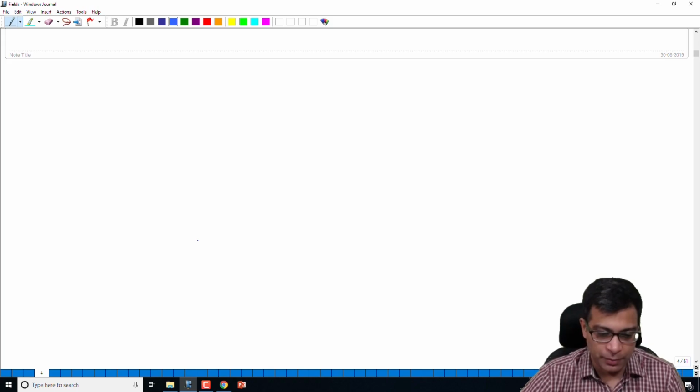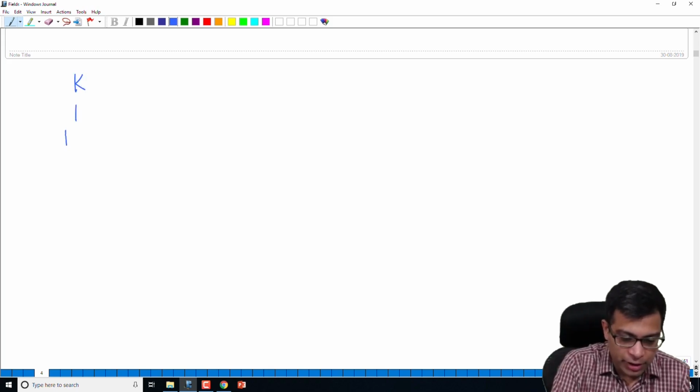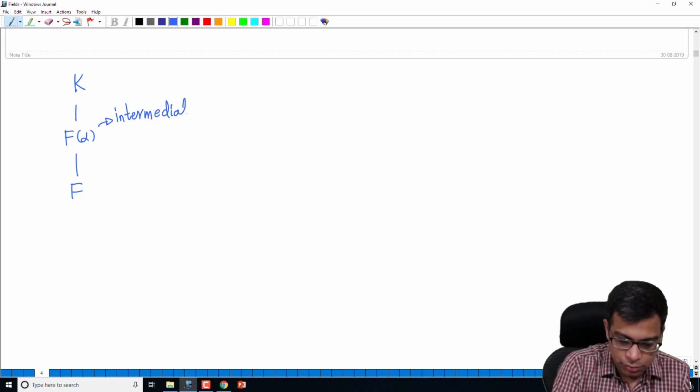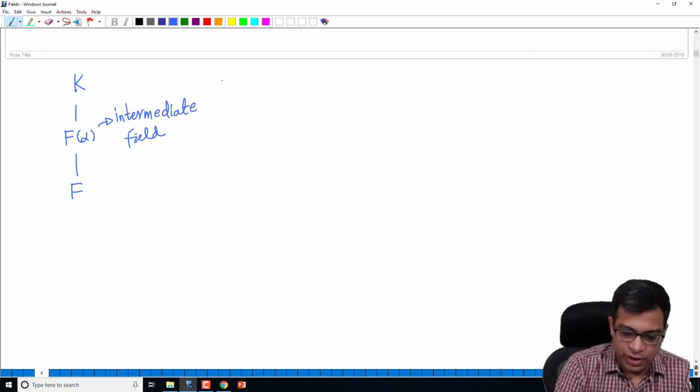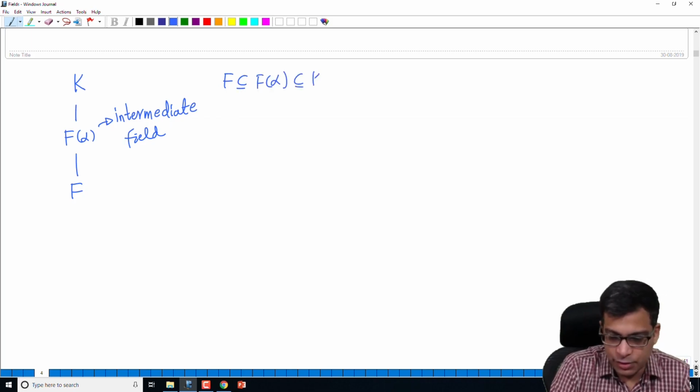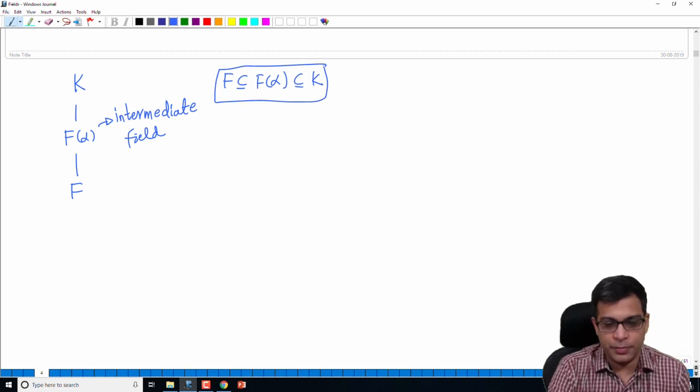So the picture will be K, F(alpha), F. So this is what we call an intermediate field. So in particular, when I write this, what I mean is F is a subfield of F(alpha) and F(alpha) is a subfield of K. So this data is represented like this.